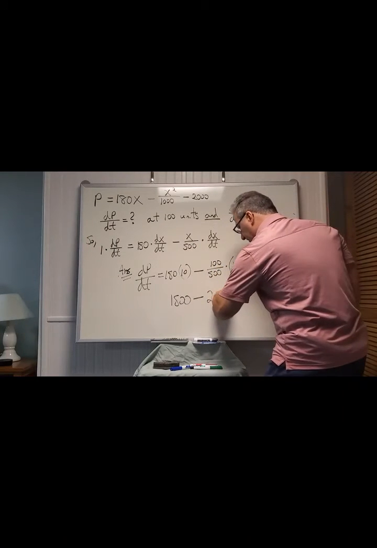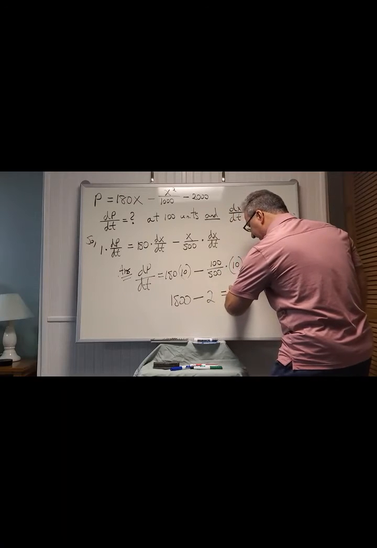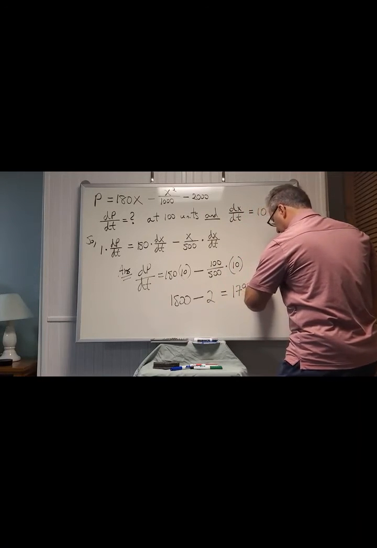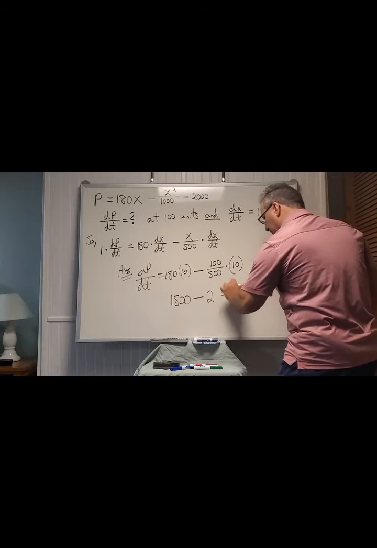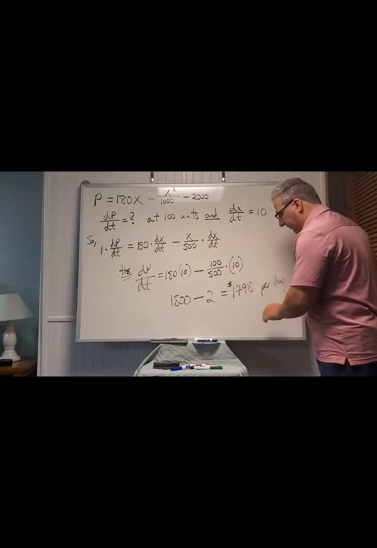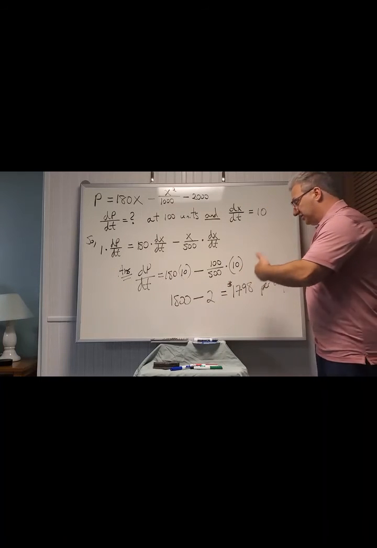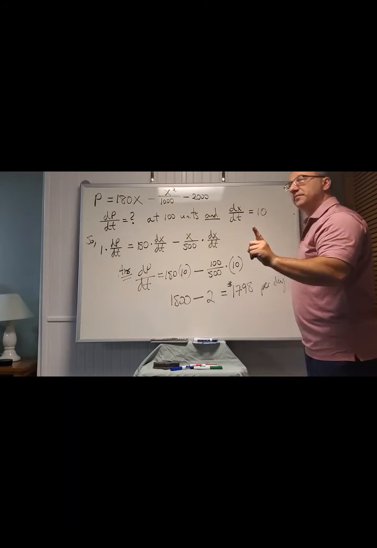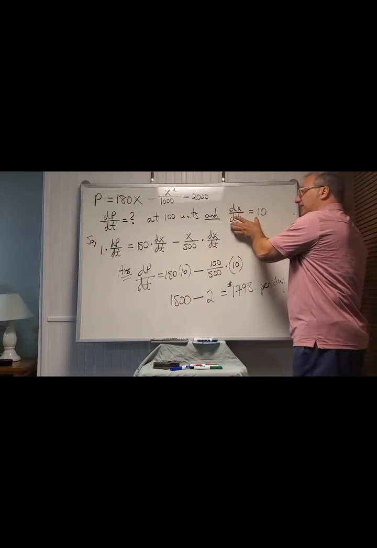And so 1800 minus 2 is 1798, and so this would be per day. So we're looking at a profit changing at $1,798 per day, because we're looking at 100 units, and we're looking at the rate of production, the rate of units changing at 10 per day.